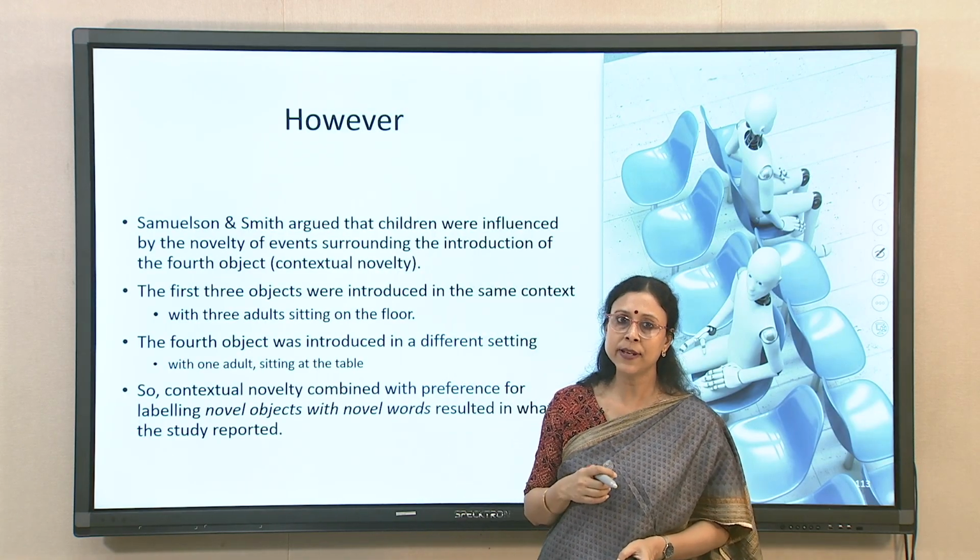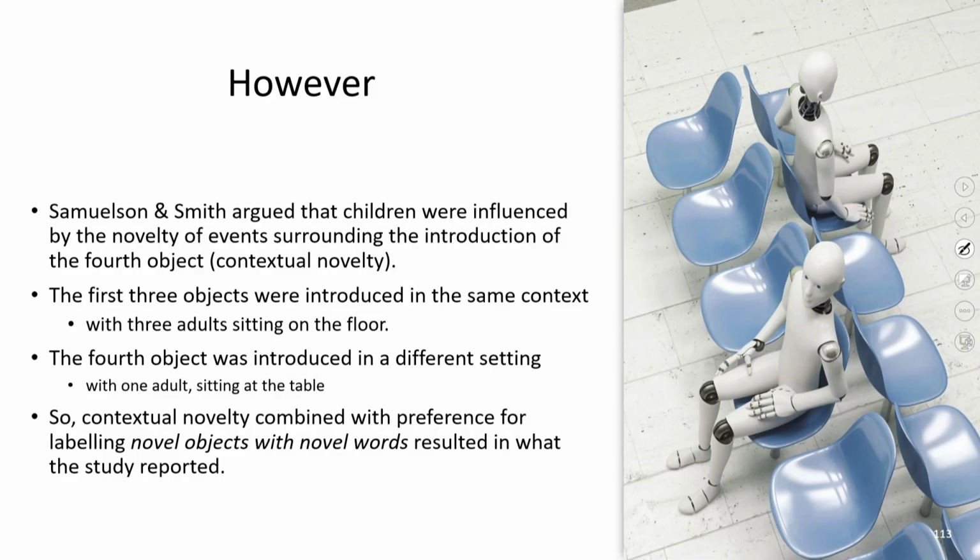However, Samuelson and Smith said that this could be interpreted very differently. The result is just a matter of interpretation. They argued that the children were influenced by the novelty of events surrounding the introduction of the 4th object rather than the experimenter's intention. The first 3 objects were introduced in the same context, when all of them were sitting on the floor and playing together.